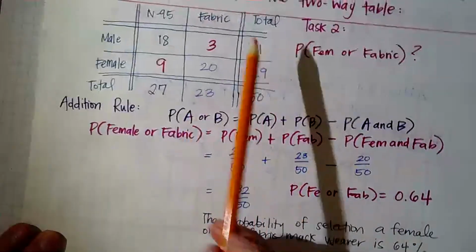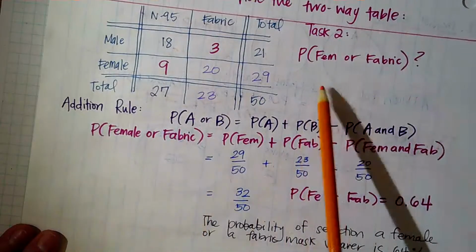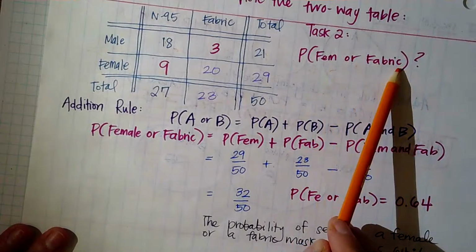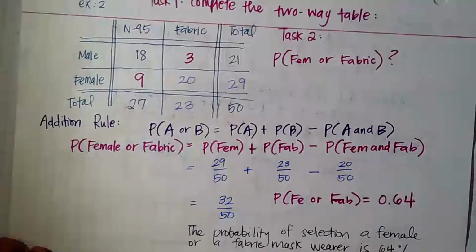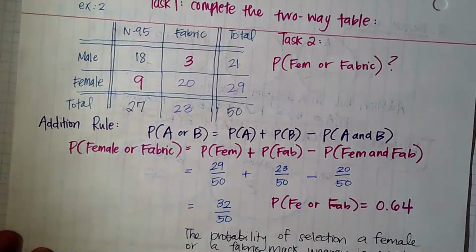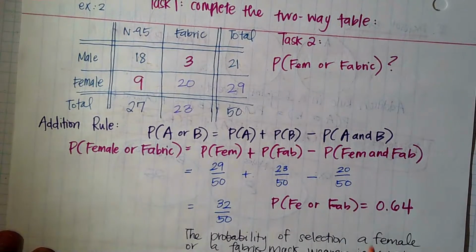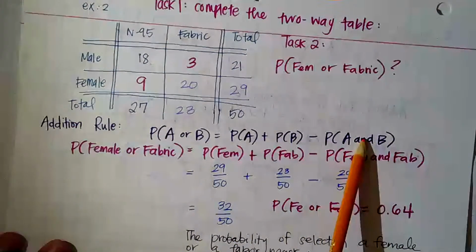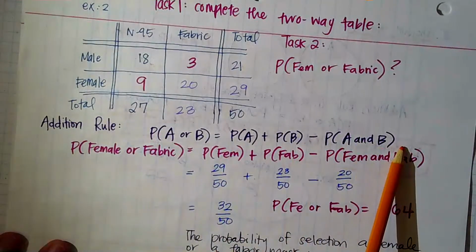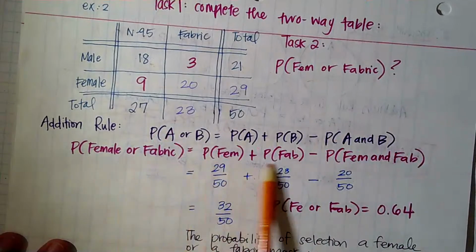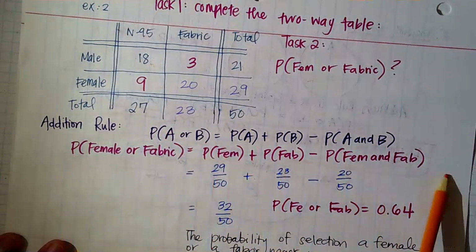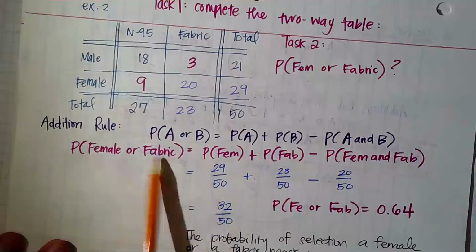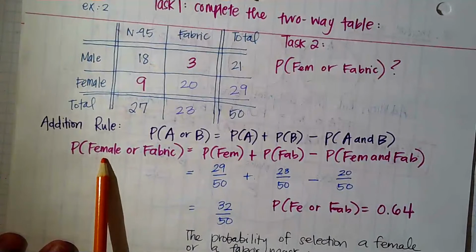Now let's look at another one. Task 2 asks: what is the probability of choosing a female or a fabric mask wearer? Choosing a female or a fabric mask wearer means I'm using the addition rule. I always start with the addition rule so you know how to set up the problem. I then place the addition rule into context format, so instead of writing A or B, I'm writing the events in the context that they're presented.